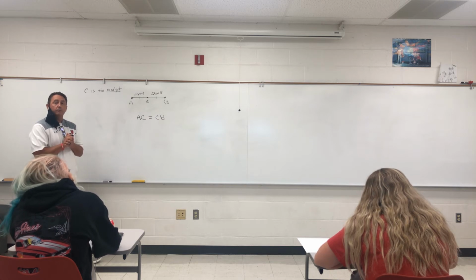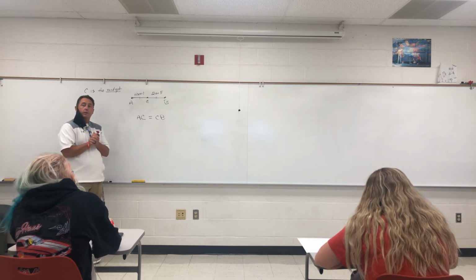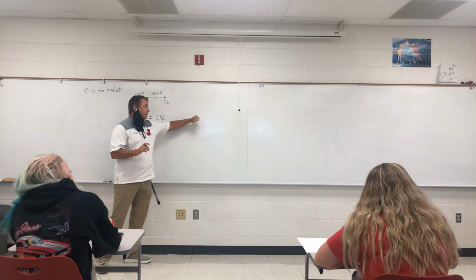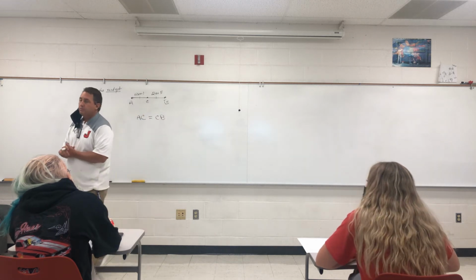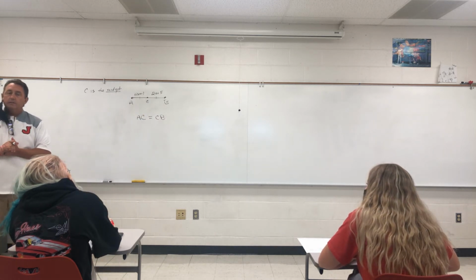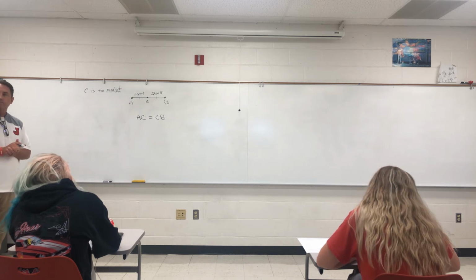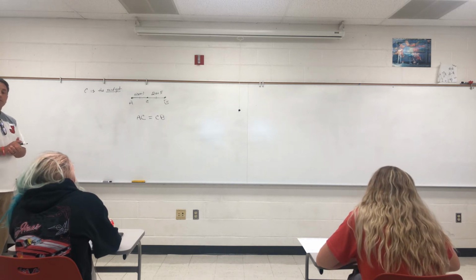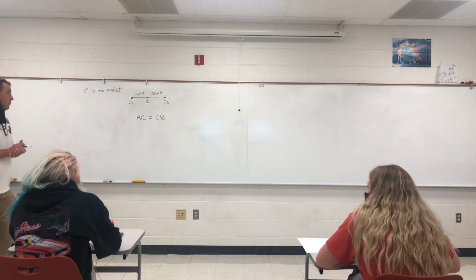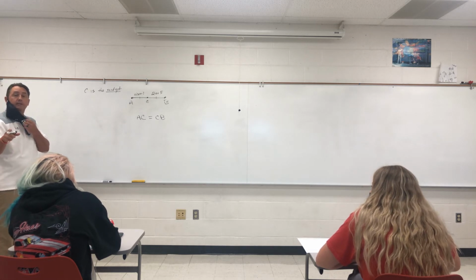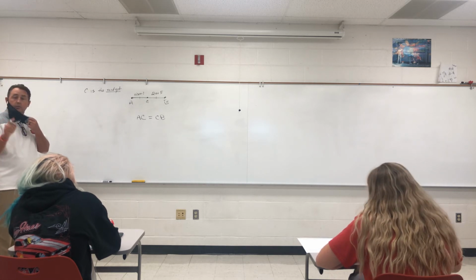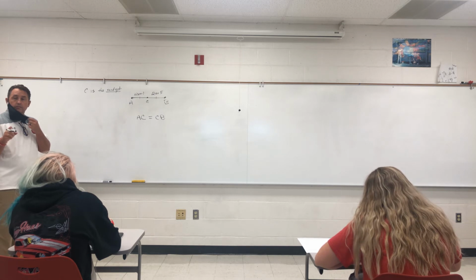Okay, now let's go back. We're still going to give a reason. What do you think would be a good reason if somebody came up and said, I do not believe that AC is equal to CB? How do you know that? What would you tell them? Yeah, okay, so the tick marks prove that they're equal because the tick marks tell you that C is the what? C is the midpoint.